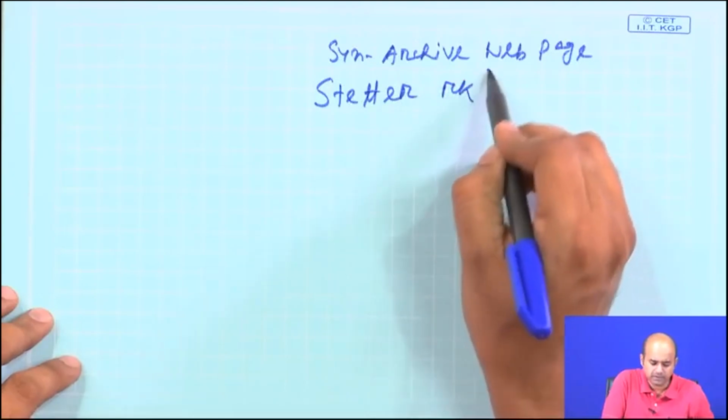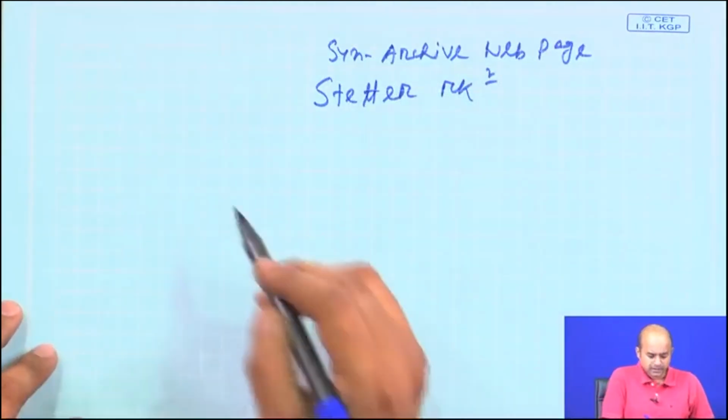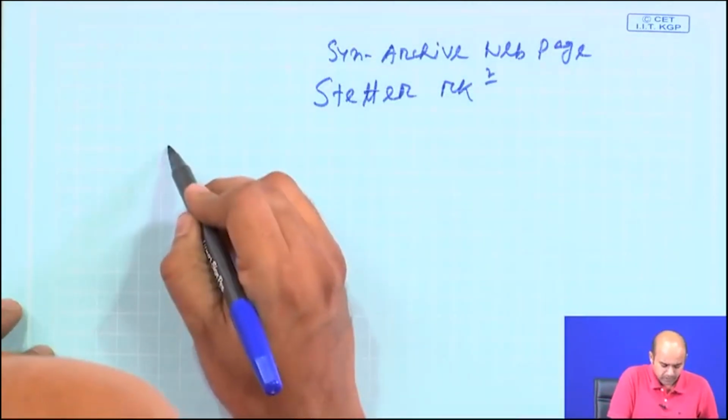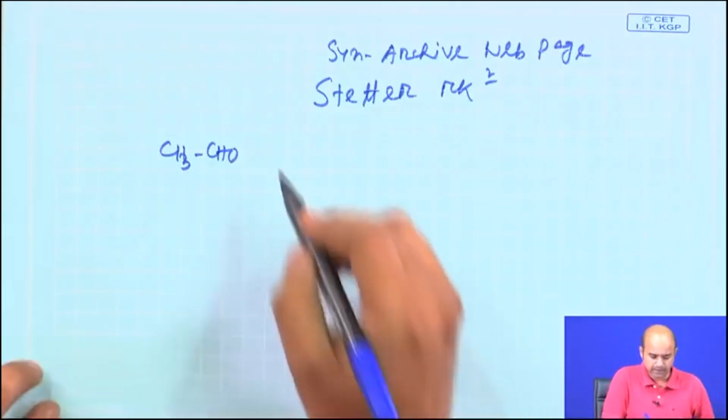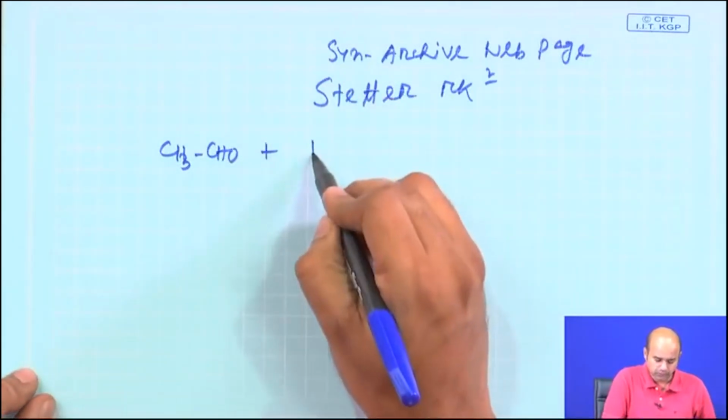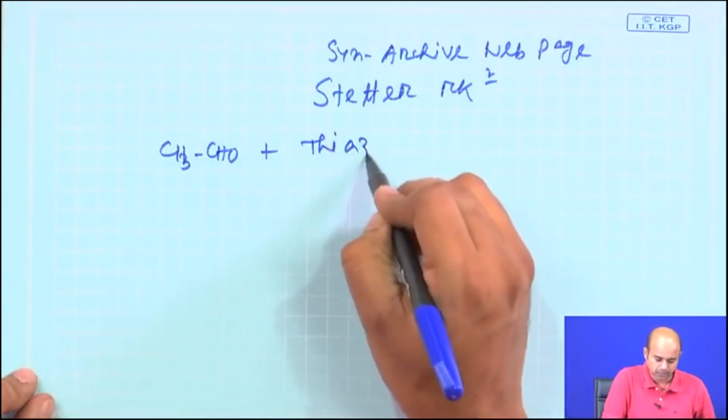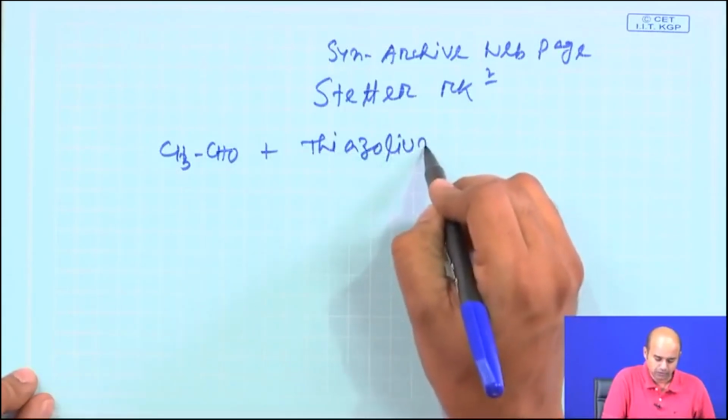The disconnection for the Stetter reaction is very straightforward. You react acetaldehyde, as in our case, with this thiazolium salt. Just now we talked about thiazolium salt.